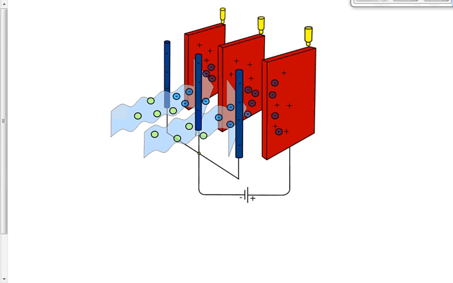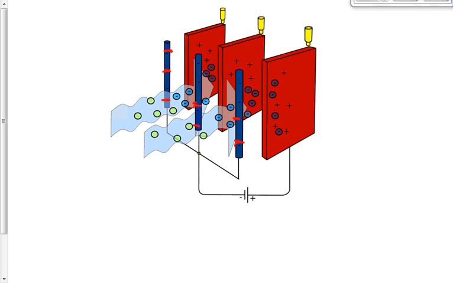Here's the air. These wide wavy lines are the air. These little circles inside the air represent little dust particles. Those dust particles are normally neutral particles. So we've got neutral dust particles inside this air that's being pushed through this electrostatic precipitator here. Now, these blue rods sticking up, I don't know if you can see the little negative signs on them, but they're supposed to be negatively charged.